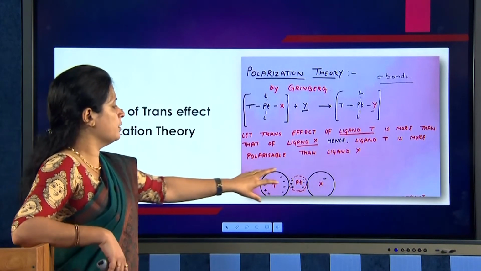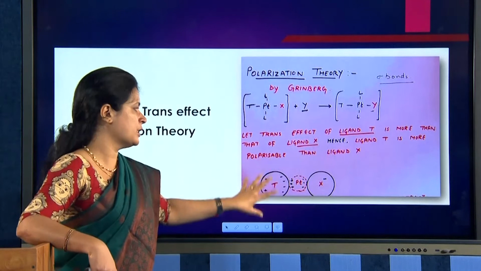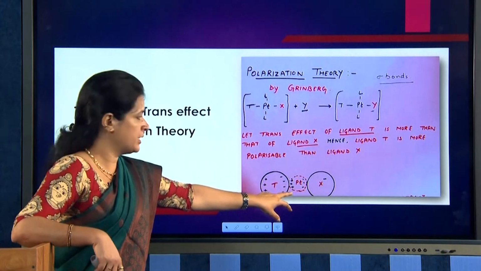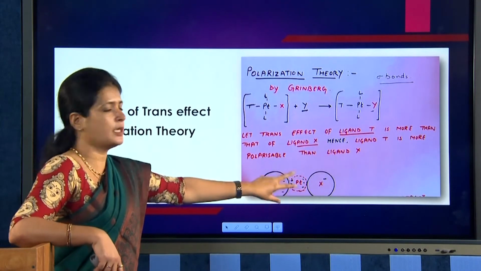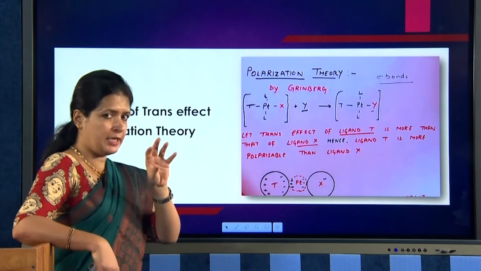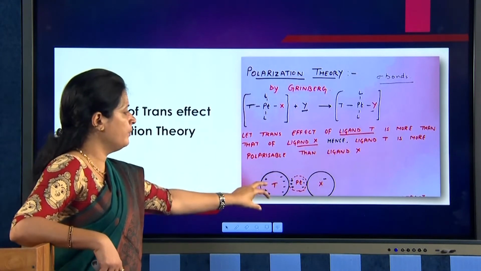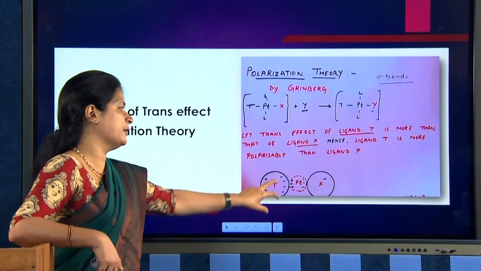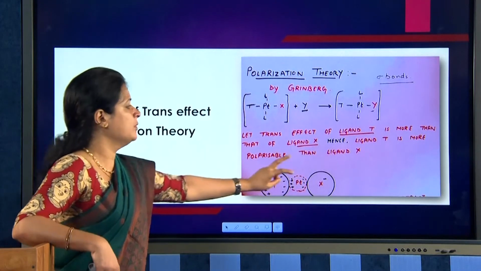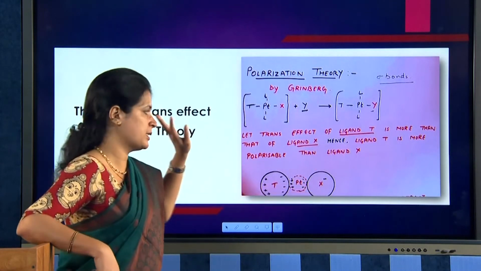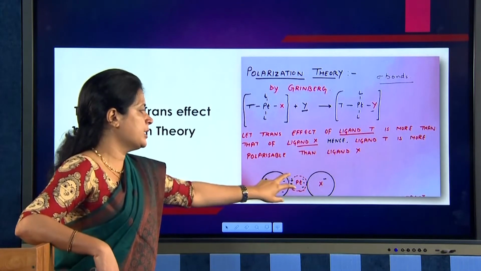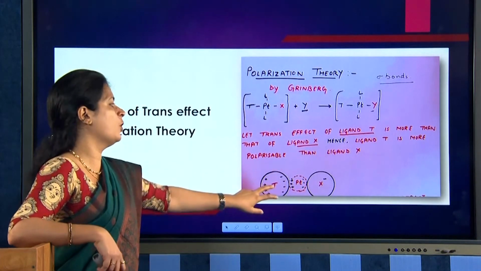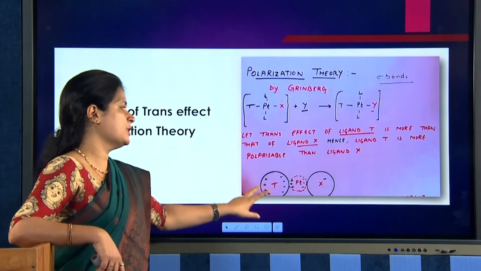See, this is what the polarization theory is all about. We have the platinum metal as the central metal atom. Platinum is there at the center, and you have the trans directing ligand named T. You have the leaving ligand named X. This platinum is able to polarize the trans directing ligand.